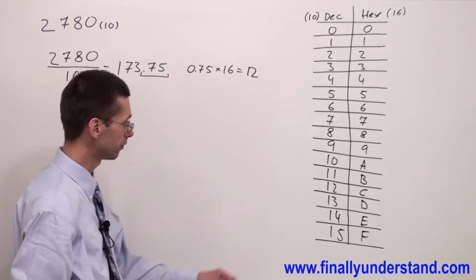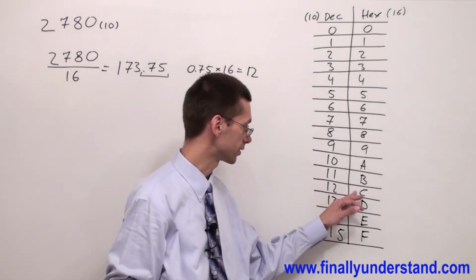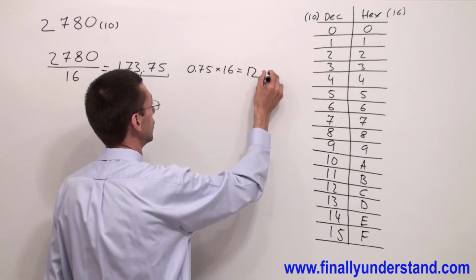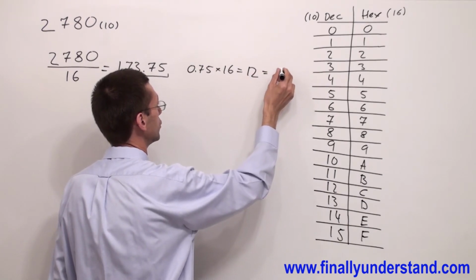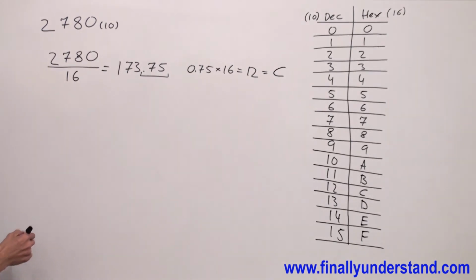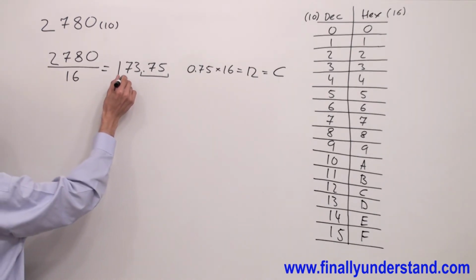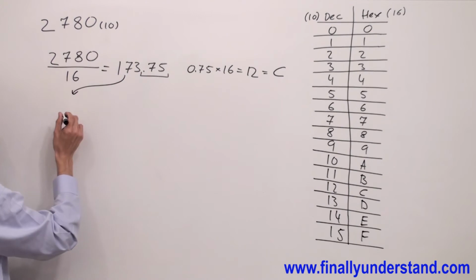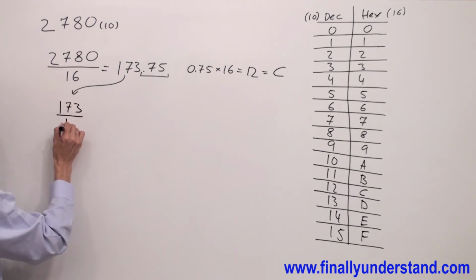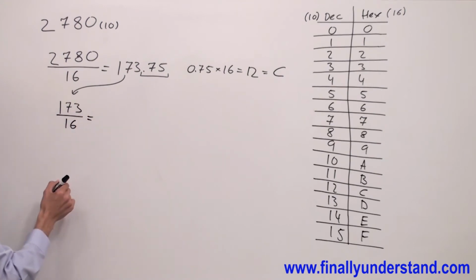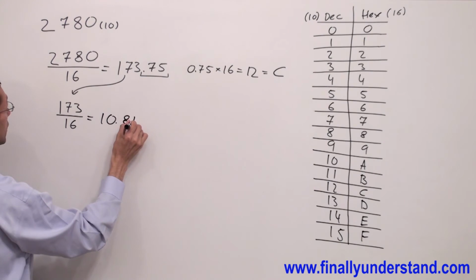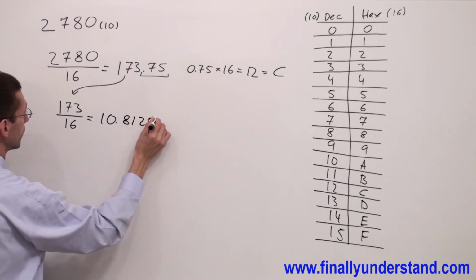But 12 in hexadecimal is C. That's why I'm going to write that my 12 is equal to C. Next, we're supposed to take the whole part of this number and again divide by 16. 173 divided by 16. This is equal to 10.8125.